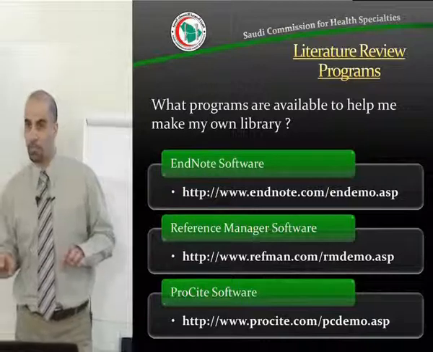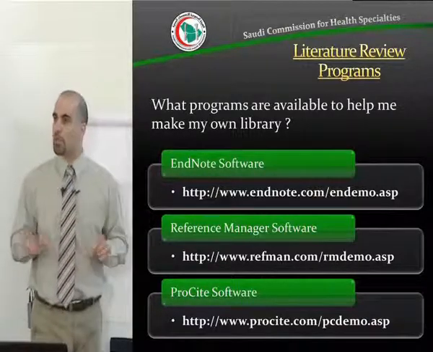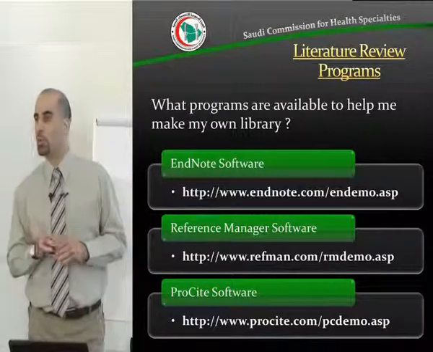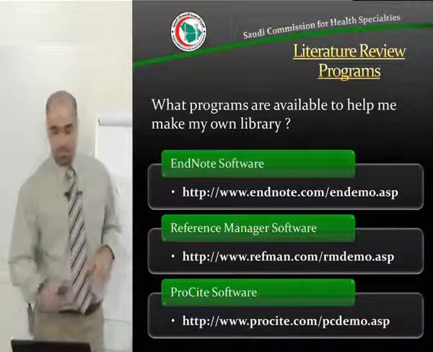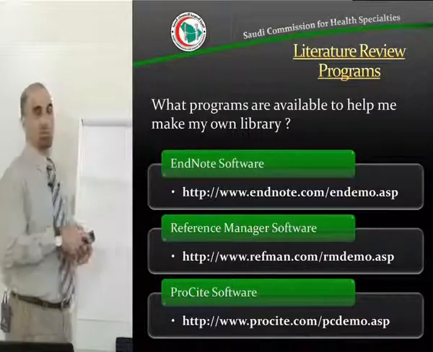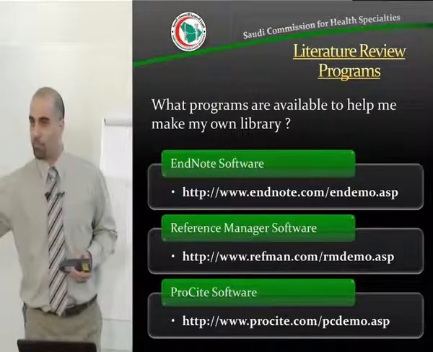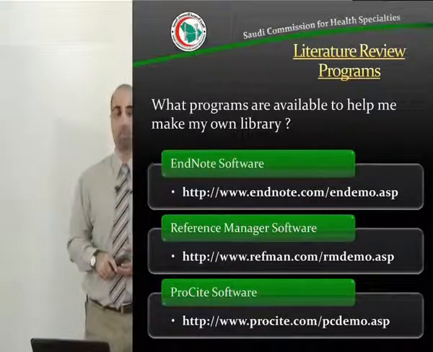You have to do it manually. This is what we used to do before. But the problem is when you do it manually, you have a big chance that you will make a mistake, right? So instead of doing that, you will ask EndNote to extract the reference information from this article and put it for you in the document.